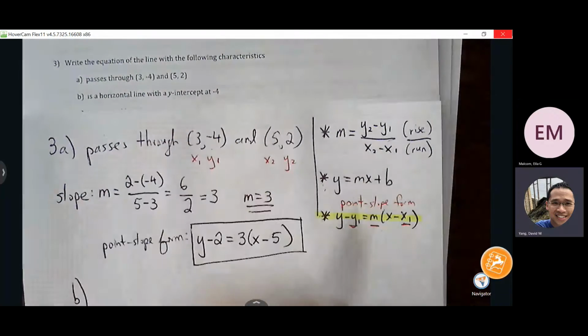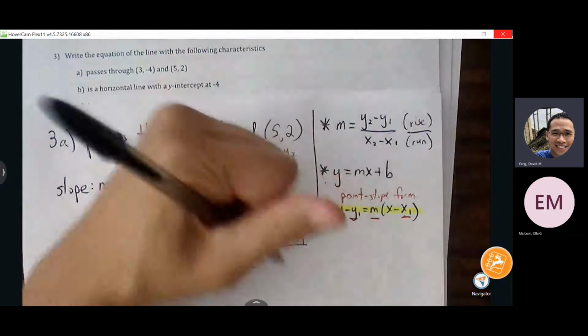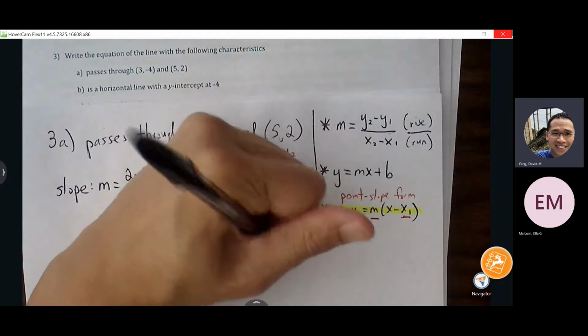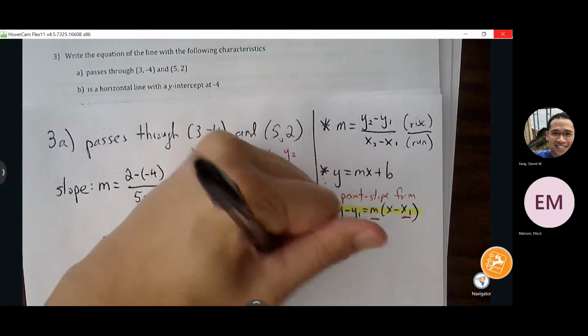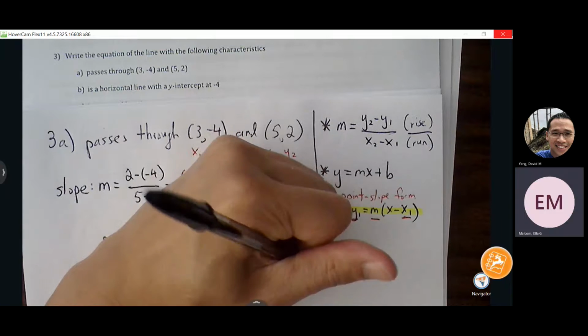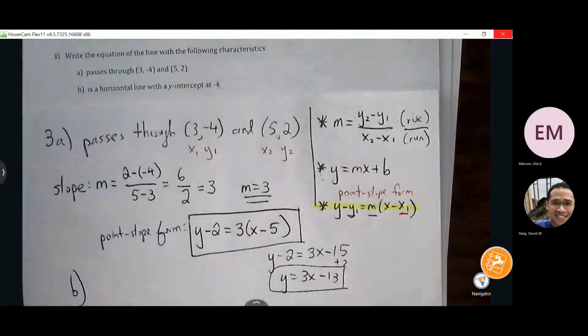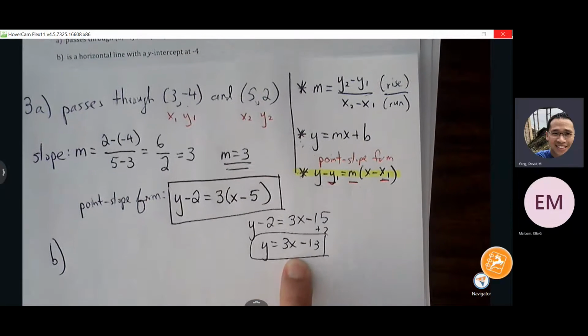It doesn't look as pretty as y equals mx plus b, right? If you were to distribute the 3 through, we could do this. Right, this feels more comfortable, more complete.